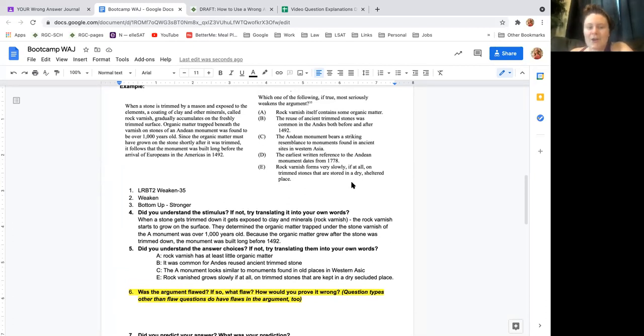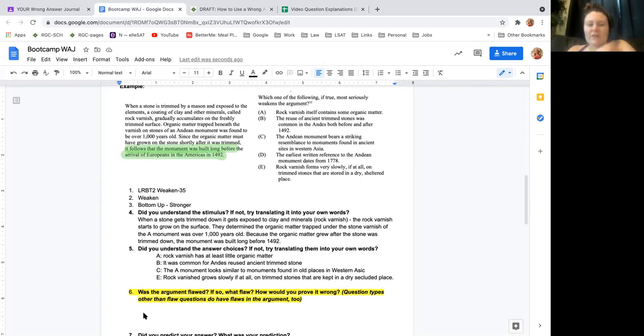But here, I'm going to go back to what I said was my conclusion. My conclusion was that the monument was built long before the arrival of Europeans in the Americas in 1492. And my reasoning for saying that was because the organic matter must have grown on the stone shortly after it was trimmed.